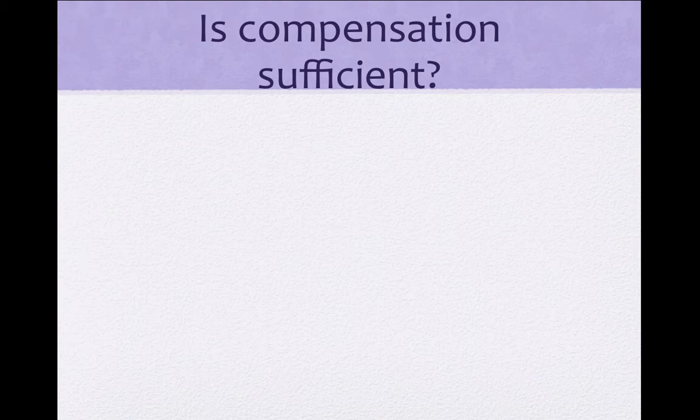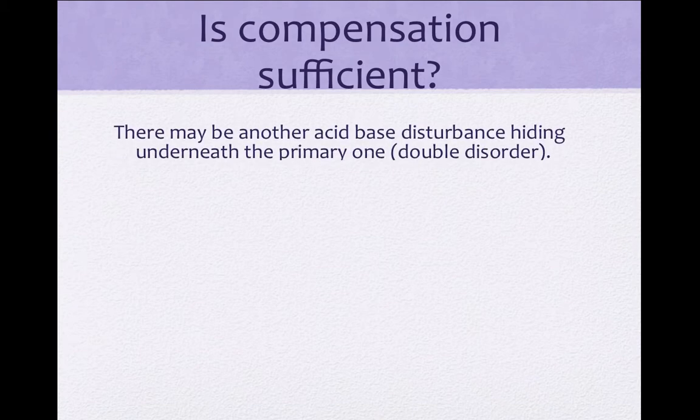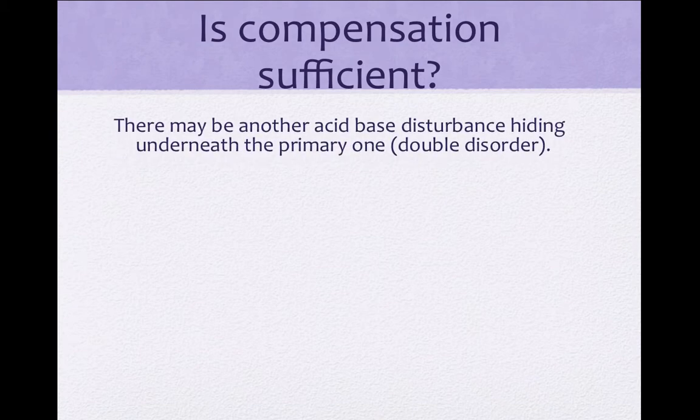Another thing that we need to ascertain is whether the compensation taking place is sufficient or not. There may be another acid-base disturbance hiding underneath the primary one, which we call a double disorder. For example, let's say there is respiratory acidosis, and we know for that carbon dioxide needs to be in excess. Now, to counteract this and neutralize the excess acid, the kidneys will produce more bicarbonate.